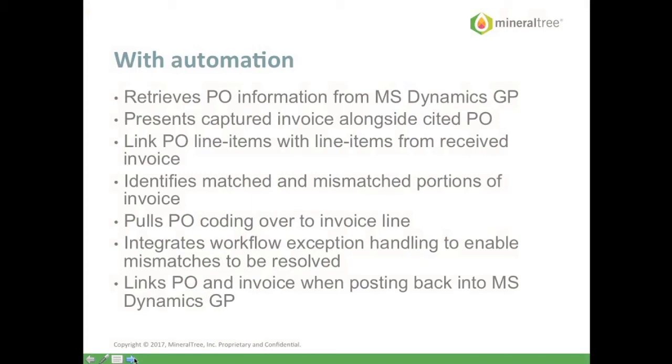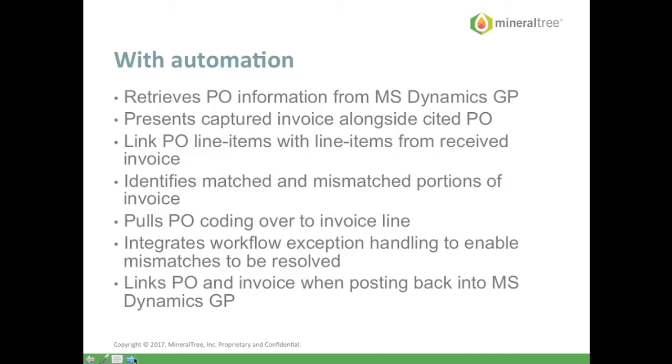We will flag things when there is a mismatch so that you can see the things that are not matching up correctly. Also, if you need to add some sort of workflow, you can follow that, or if the PO matching itself is all that's required for an invoice to be approved, you can do that as well.